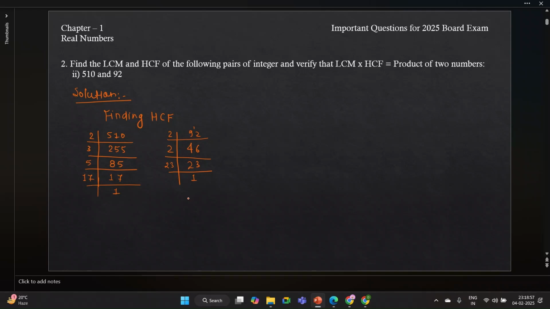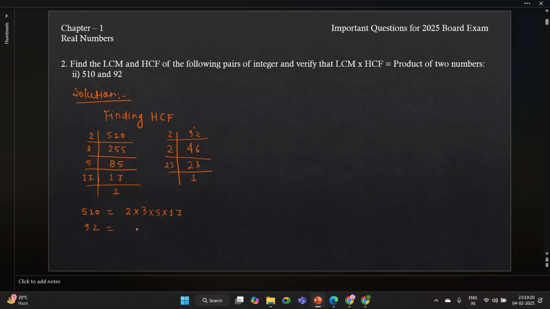So we have to write it down in prime factors. So 510 is equal to, I'm writing it down like that, 2 times 3 times 5 times 17, okay? And then we are coming to 92.